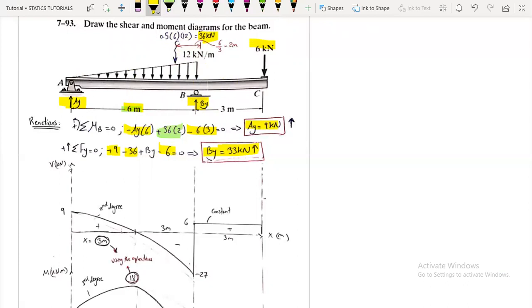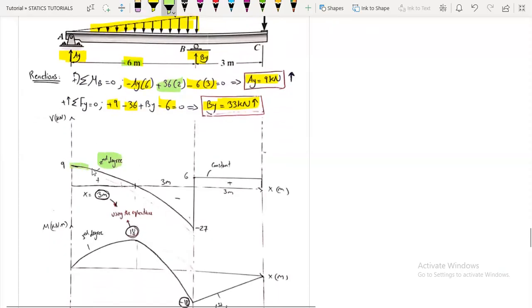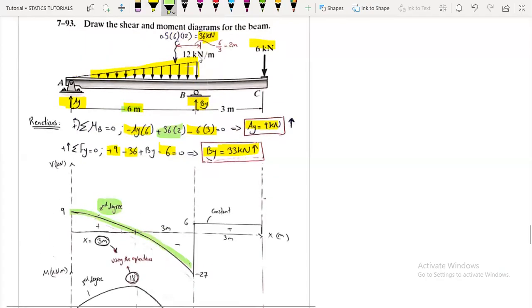Here, we have a triangular distributed load. So the shear diagram will be a curve of second degree, and we know that it will take this shape. Here the value of omega is increasing in the negative direction, because we said that positive is upwards.